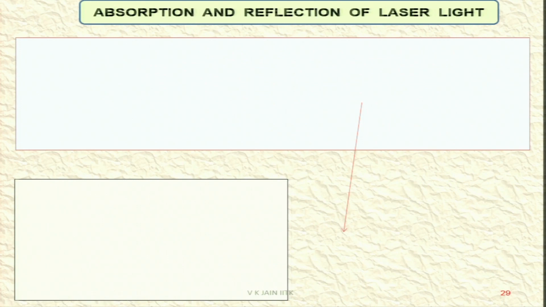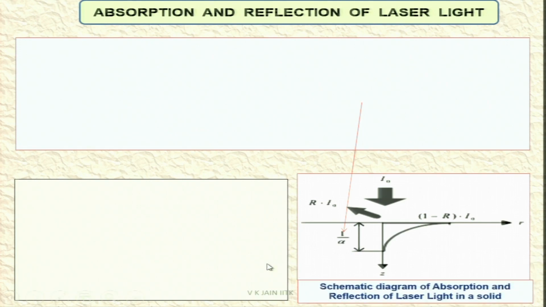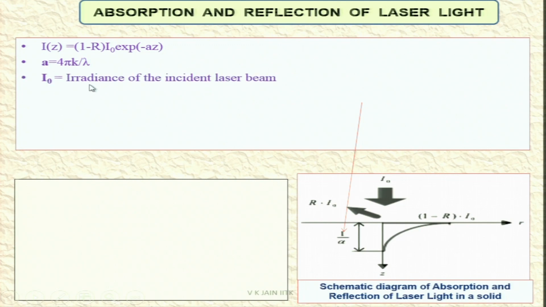Absorption and reflection of laser light. You can see here a schematic diagram of absorption and reflection of laser light in a solid. It is given I(z) = (1 - R) I0 exp(-Az), where A = 4πk/λ. I0 is the irradiance of the incident laser beam.